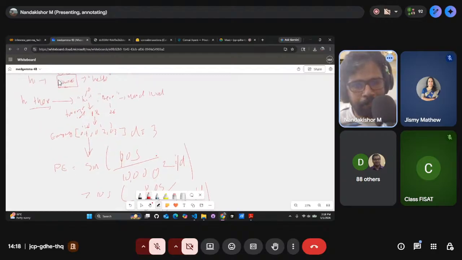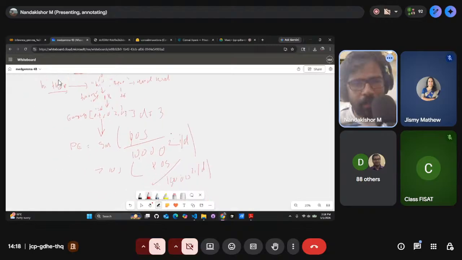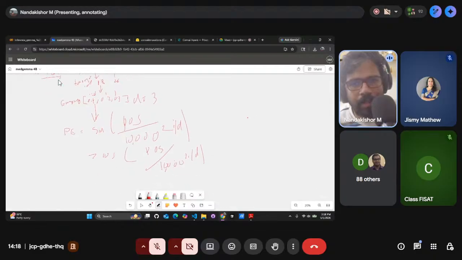Here POS is obviously 0, so the first equation becomes sine 0, which is 0, and similarly the other becomes cosine 0, which is 1.